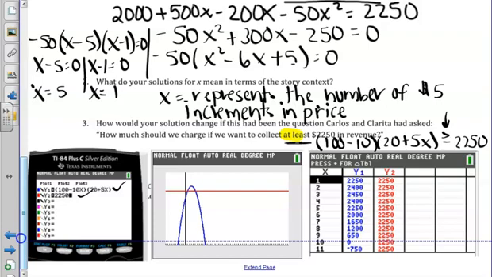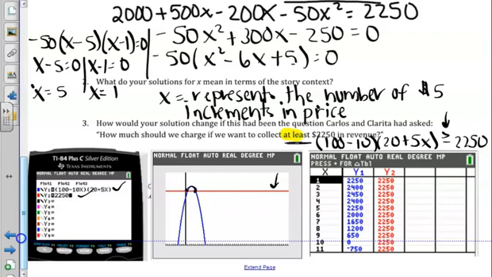And when we graph it, we will get a line that represents y equals 2,250, that's the red line here, and we will get a parabola that's facing down. So we can see here that we would want to make above that or equal to that. So we just need to figure out what those two numbers are.